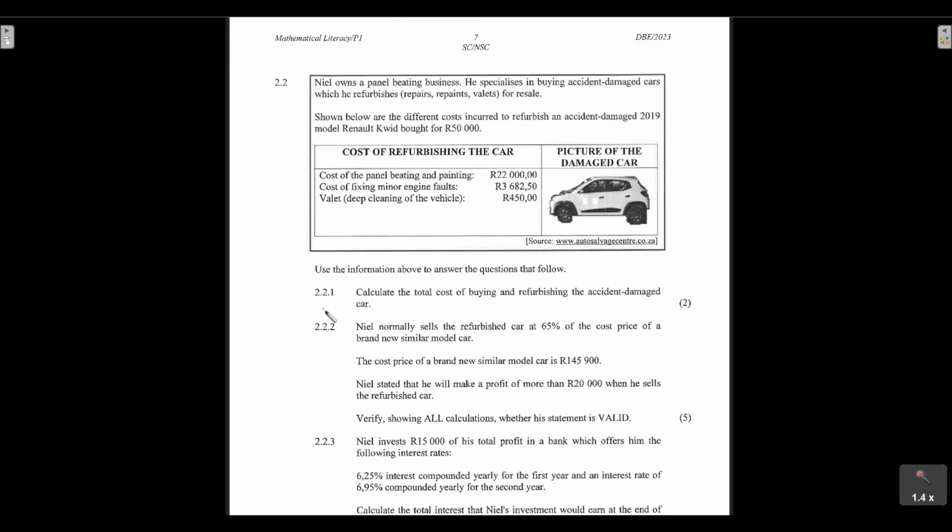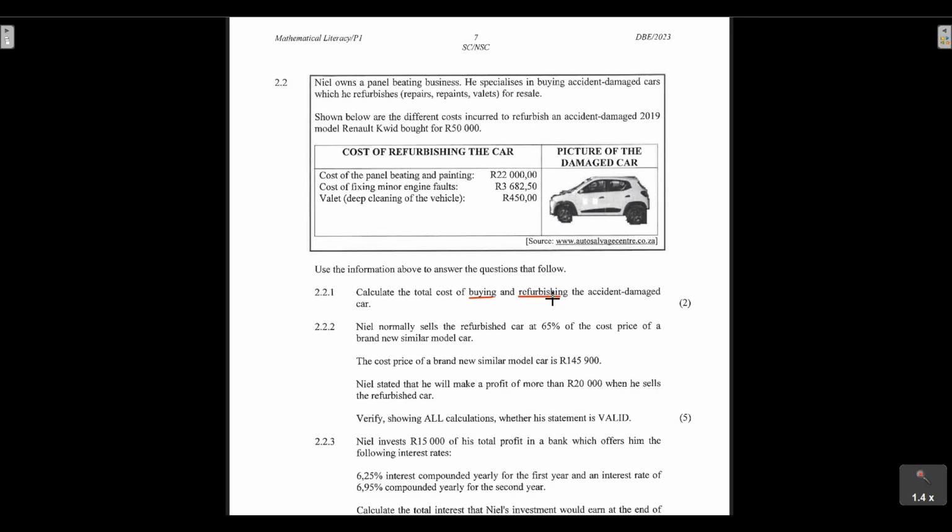Question 2.2.1 says calculate the total cost of buying and refurbishing the accident damaged car. Like I mentioned, always just highlight the keywords. So, calculate the total cost for buying and refurbishing the accident damaged car.